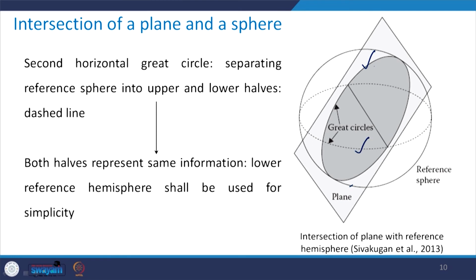Now, take a look at this line. This portion will lie in the upper hemisphere and this portion will lie in the lower hemisphere, but the plane is the same. So, both of these hemispheres are giving me the same information. Therefore, why have this duplicate representation?